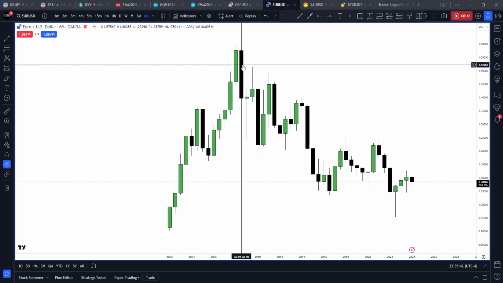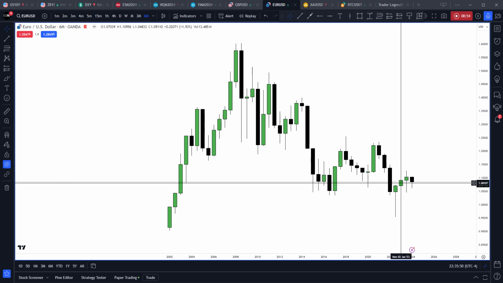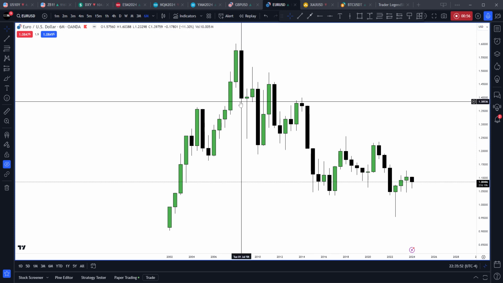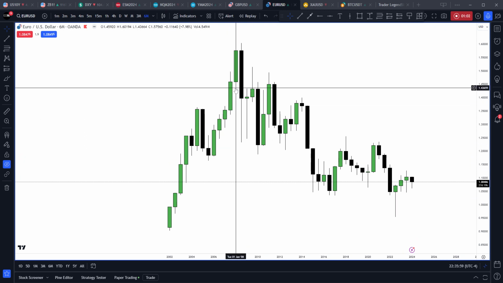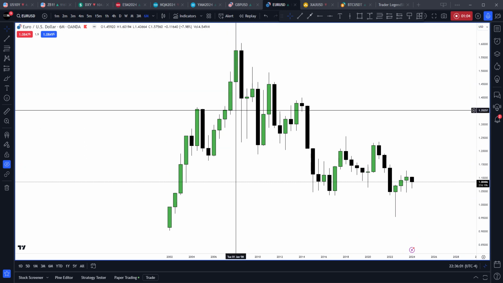But if you have a look at the highs of 2008 to the current price now, the highs was all the way at 160. Now we're at 108. Massive sell-off. Shifted market structure.